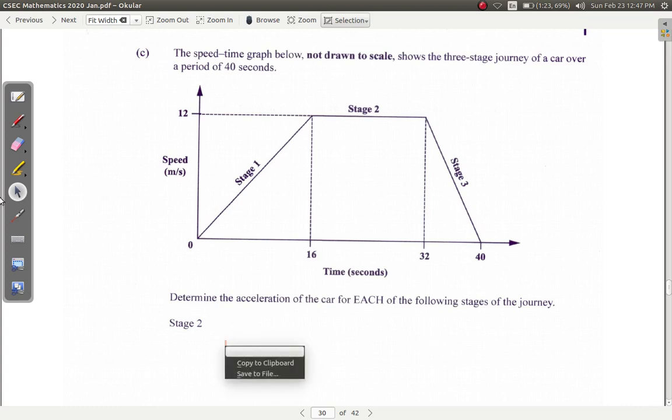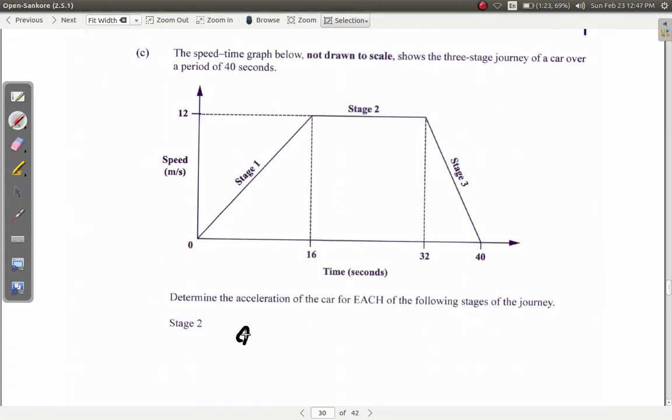So the acceleration is, let's say the final velocity is v minus the initial velocity is u, divided by a change in time. The thing is, there is indeed a change in time.